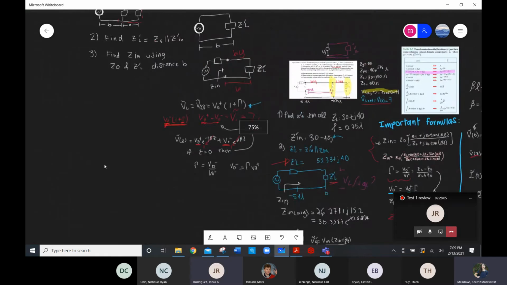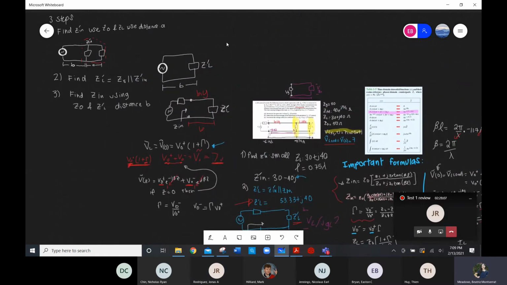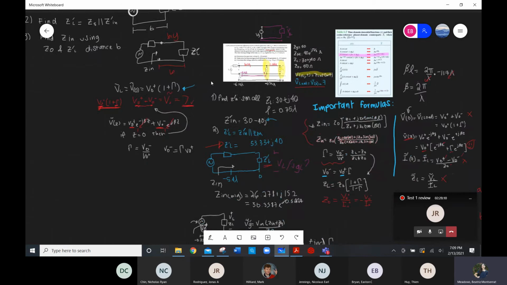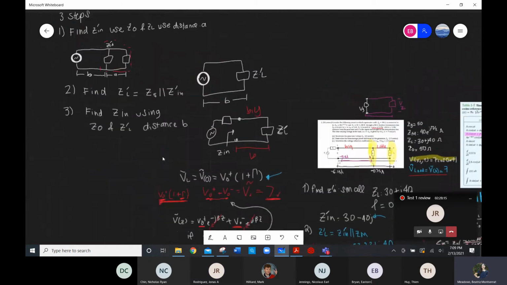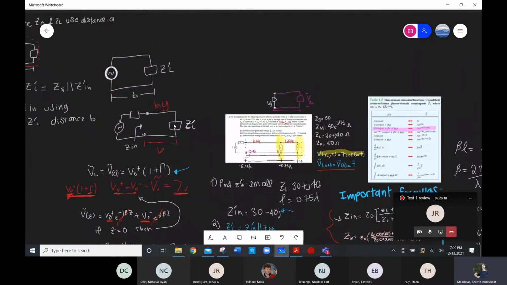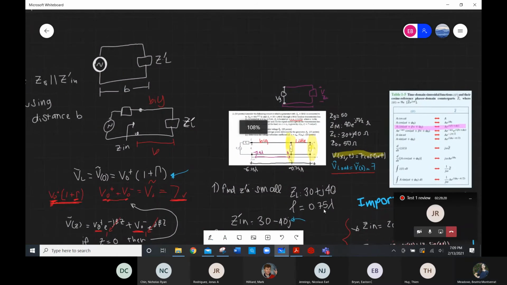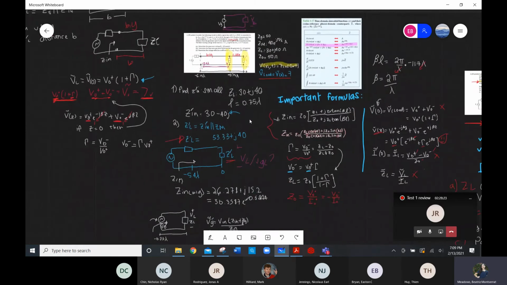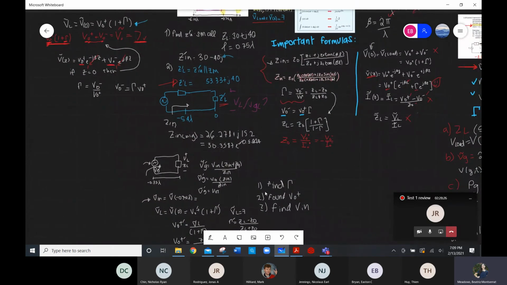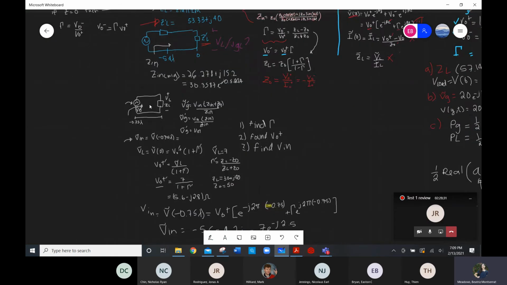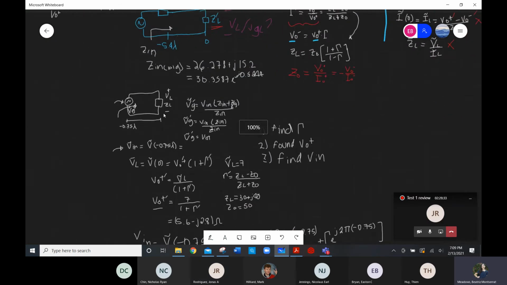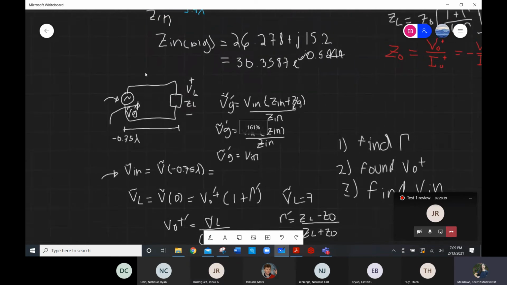The first thing we did was the 3-step approach to find the impedances, just to find C prime L. After we found C prime L, we went to the little transmission line because that's where the information we're given was. Because we're given the voltage at the load, we needed to find the voltage at the end location, which is the VG of the little transmission line.